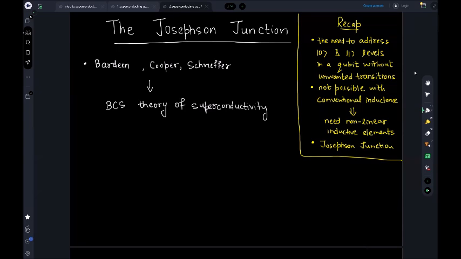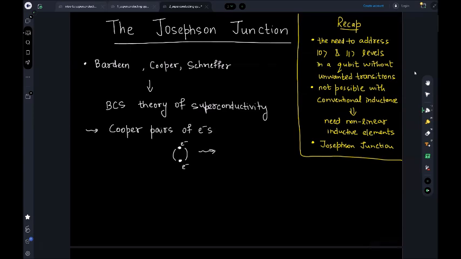Also, another observation which they made is that below that certain temperature, there is an attractive force between electrons, and electrons actually don't flow independently, they form pairs. They flow in pairs, and they call these pairs Cooper pairs.